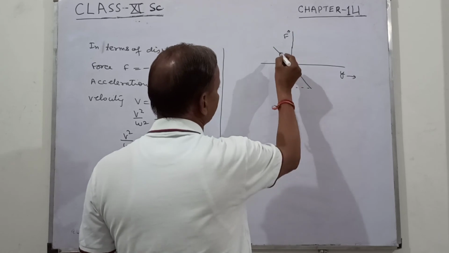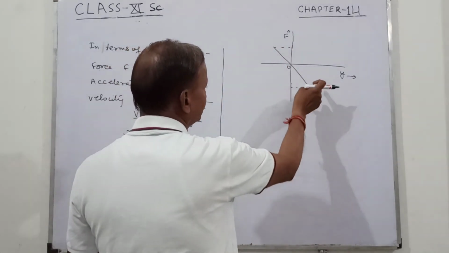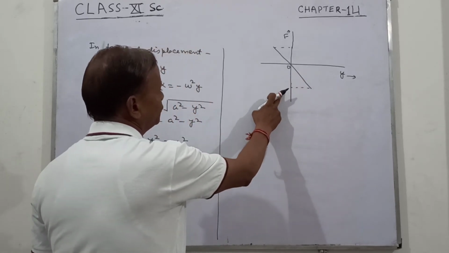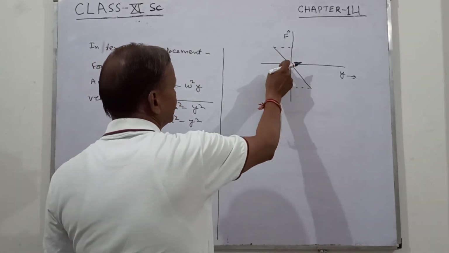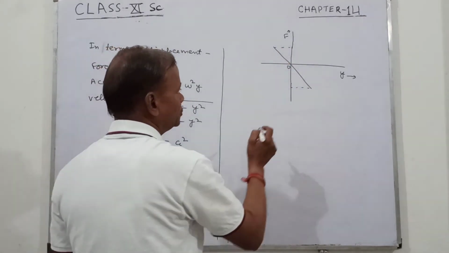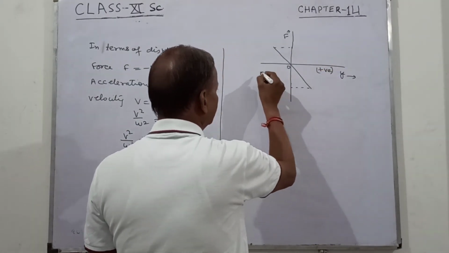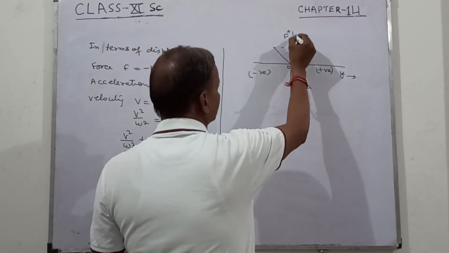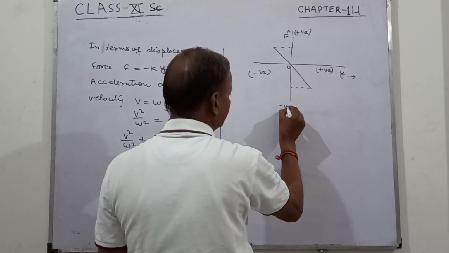So you can see that here the force is negative but y is positive. Here the force is positive but y is negative. So this is the positive value and this is now the negative value. Here the positive and here the negative.